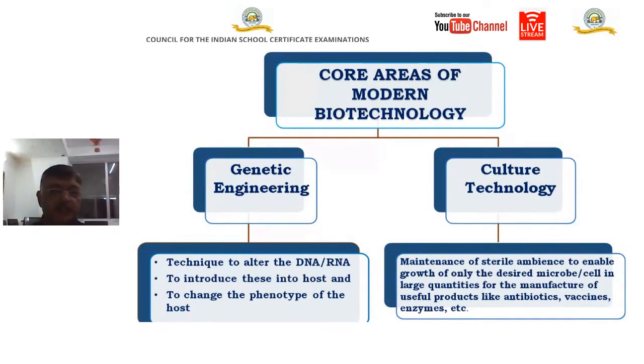So, this is culture technology where we maintain a sterile ambience to enable the growth of only the desired microbe or cell that was genetically modified, in large quantities. This is the key, large quantities for the manufacture of useful products. These products can be hormones, vitamins, enzymes, antibiotics, anything.